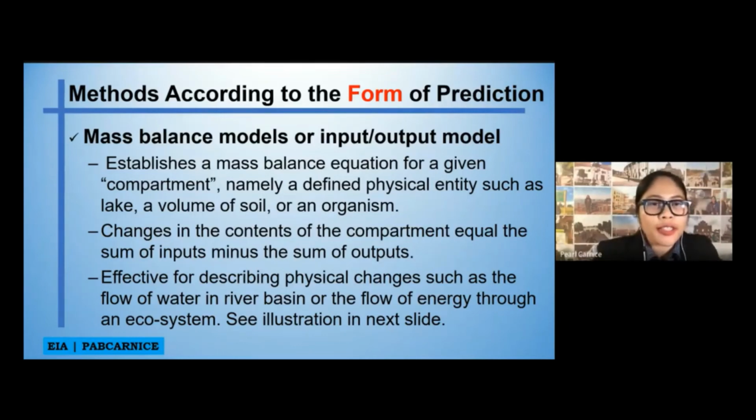I actually have an illustration on the next slide. When we say mass balance model or input and output model, the change in the content of the compartment equals the sum of inputs minus the sum of outputs. Just imagine an input and output flow. Let me show you.